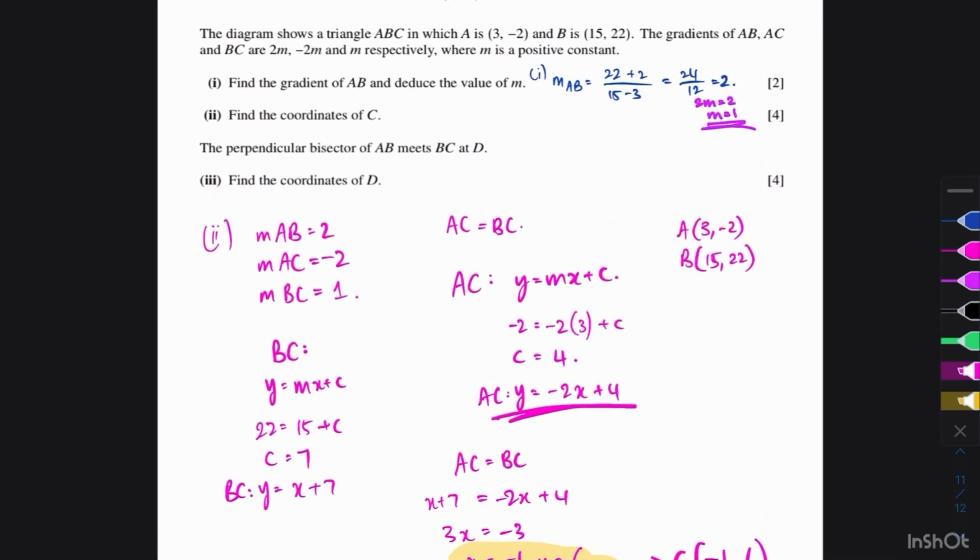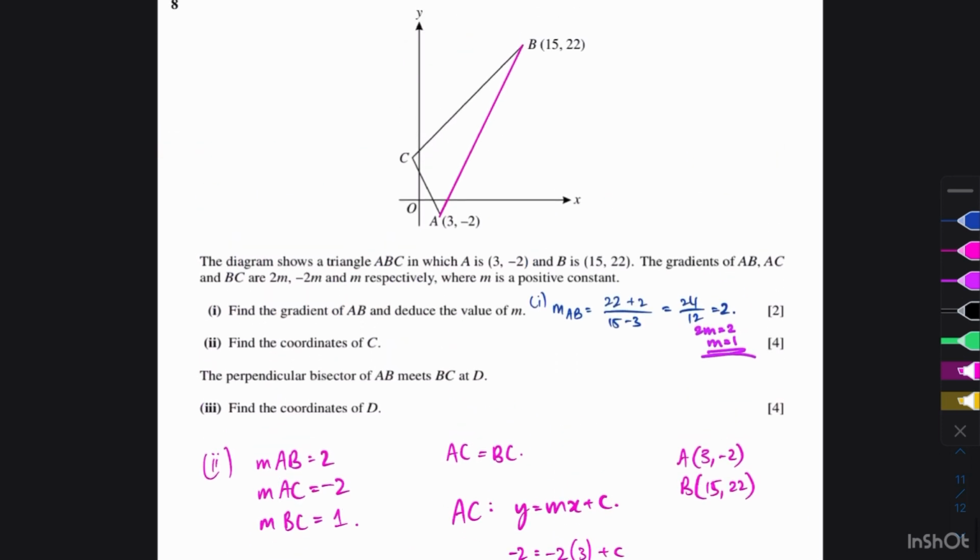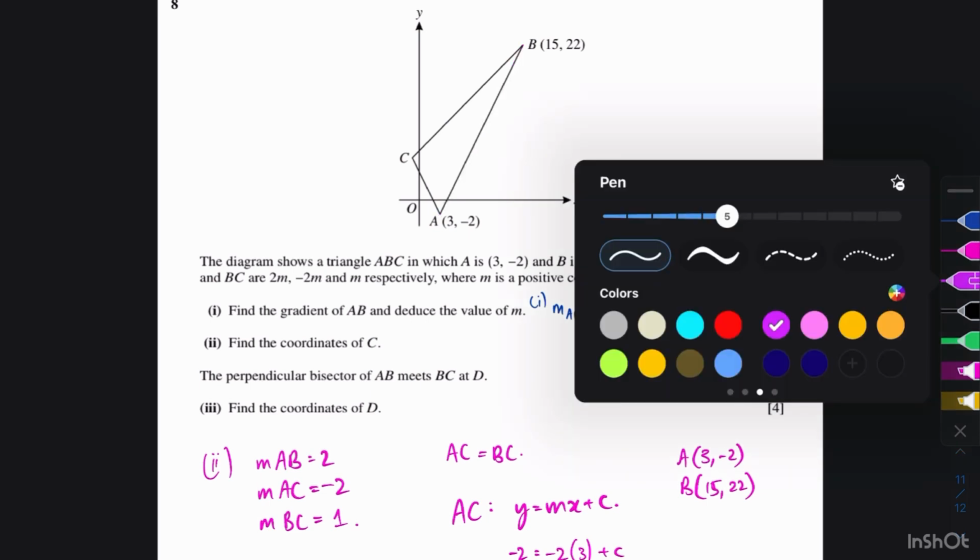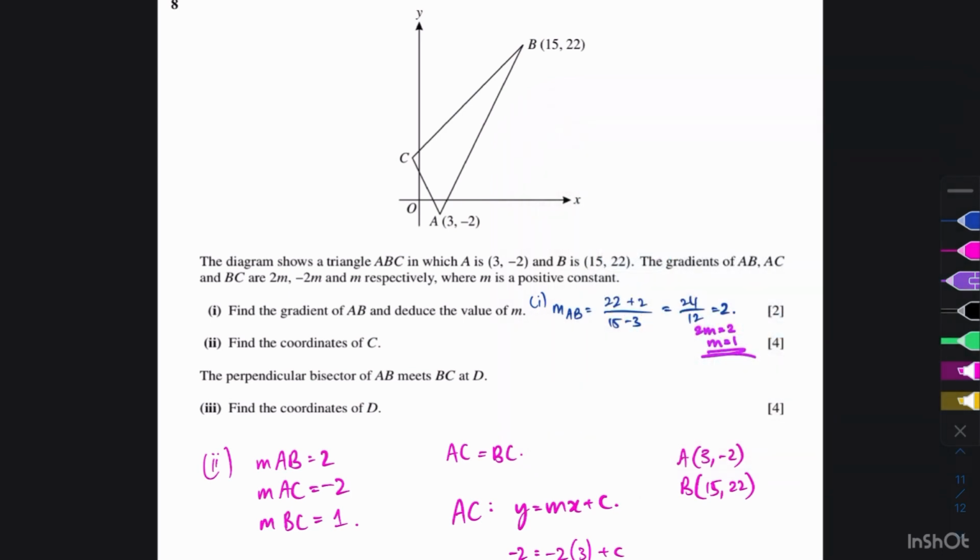Okay, now for part 3. The perpendicular bisector of AB meets BC at D. Oh my. I don't like this purple, I'm going to change it to this.